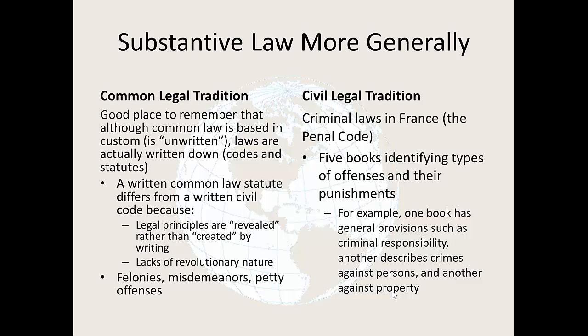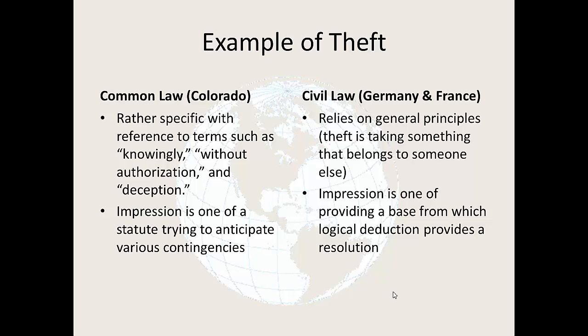Another book describes crimes against persons, and yet another book describes crimes against property. So each book of the penal code addresses a certain aspect of substantive criminal law. But again, not too much difference in terms of how we would describe common and civil legal traditions.